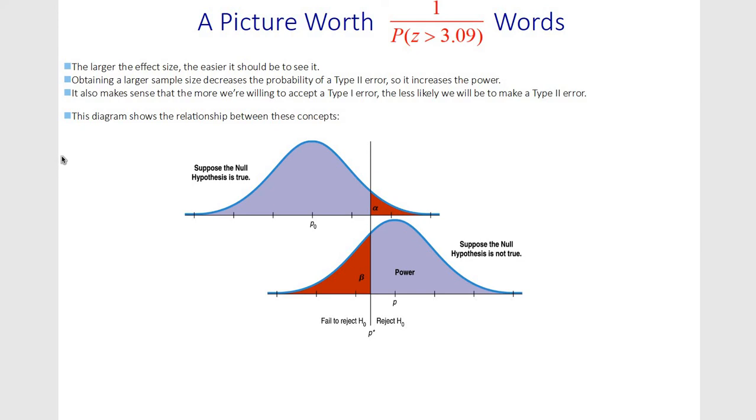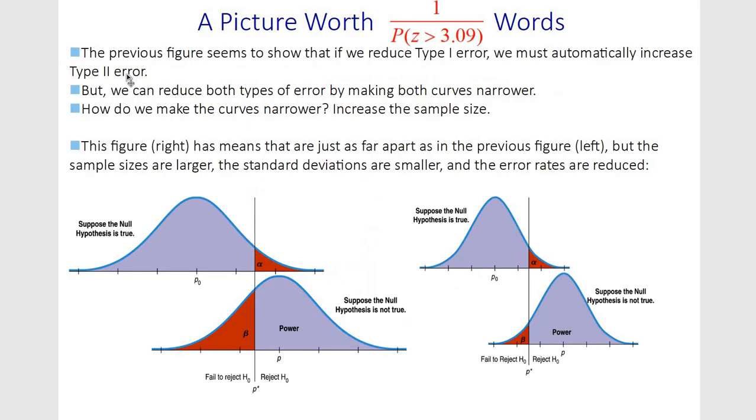I try to visualize it like that. It makes more sense. So if we are trying to reduce those errors, we can increase the sample size. Notice that makes a smaller curve, and therefore our probabilities are getting smaller. So that's what I meant by type 1 and type 2 really affecting each other.